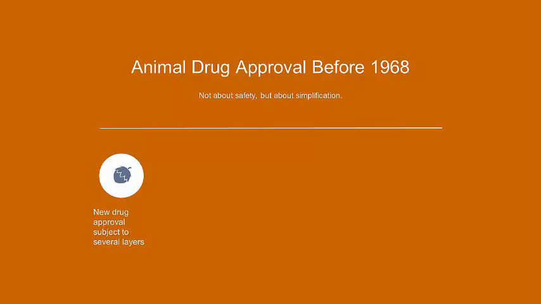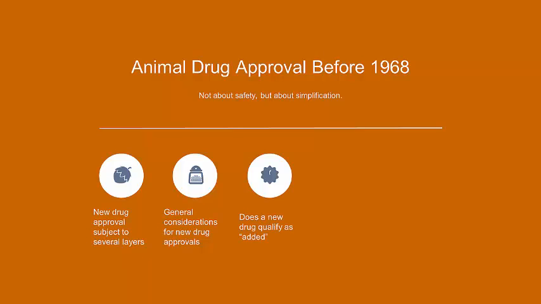Previously, they would be subject to a new drug approval through the Center for Veterinary Medicine, the CVM. So that would take into consideration all those aspects of new drug approvals, safety, efficacy, all of that type of thing.